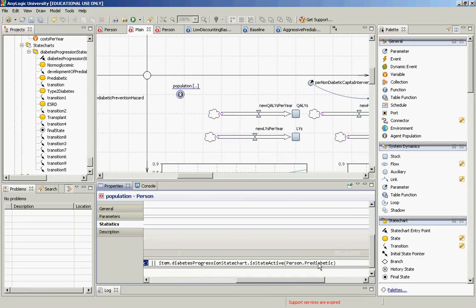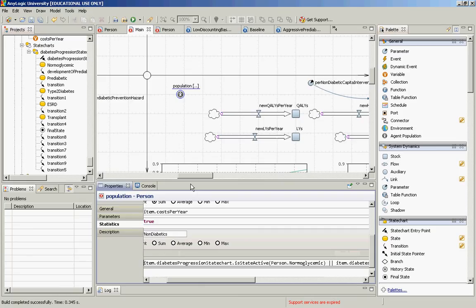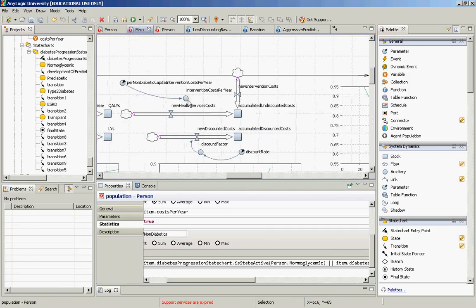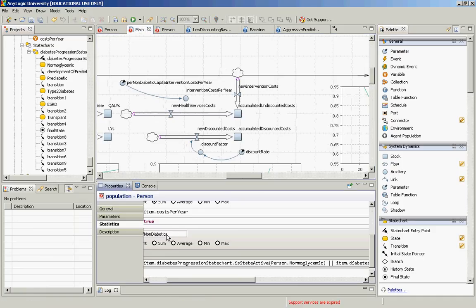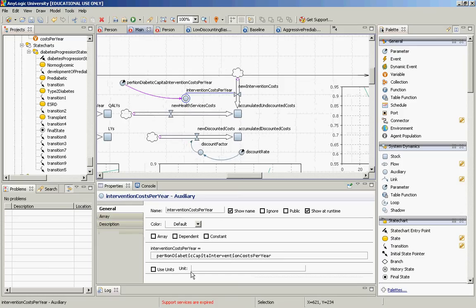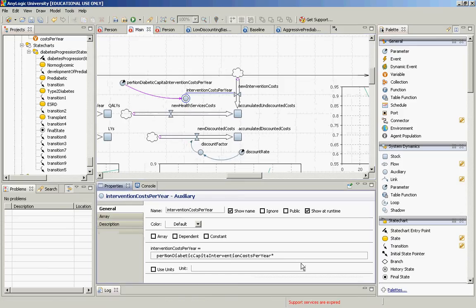Okay, so we just built that, and that's fine, and this is called count of non-diabetics, and that's what this is totaling up. In terms of the intervention cost per year, we have an intervention cost per non-diabetic person for screening that population. As the population of people who are not yet diabetic shrinks, our costs there will go down.